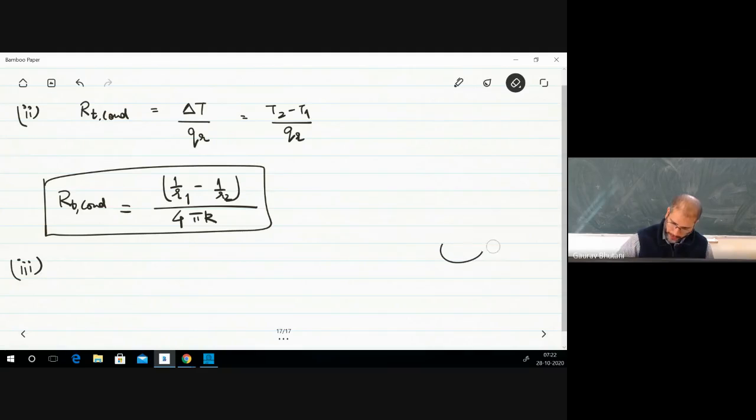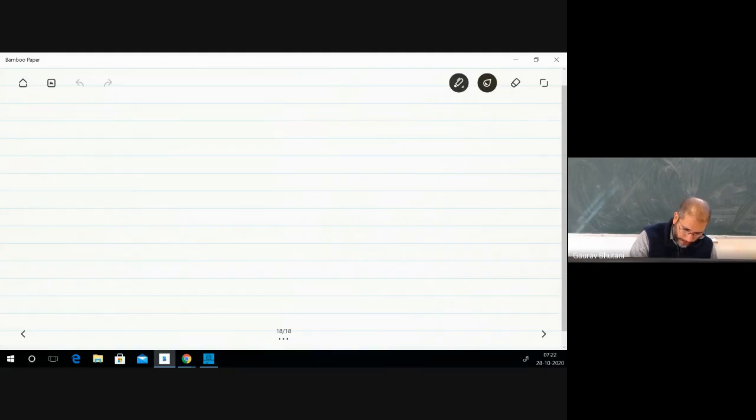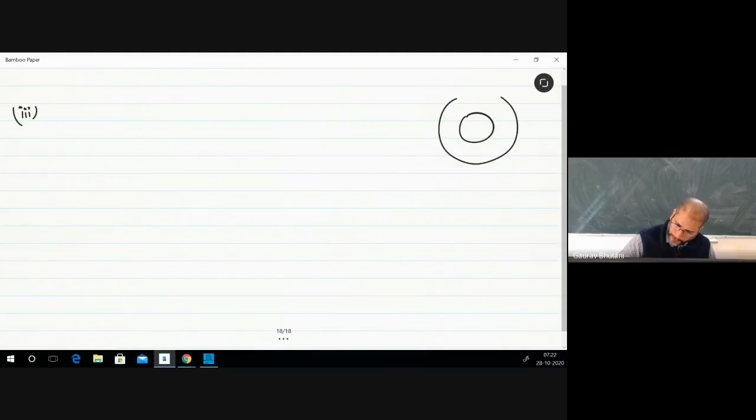Well, let's use a new page. Okay, so let's call the internal radius R1, but we are still working on deciding what the insulation thickness is. So let's say that we have put an insulation up to a radius of R, and on the outside we have some convection happening by a fluid of temperature T infinity, and the heat transfer coefficient is H.